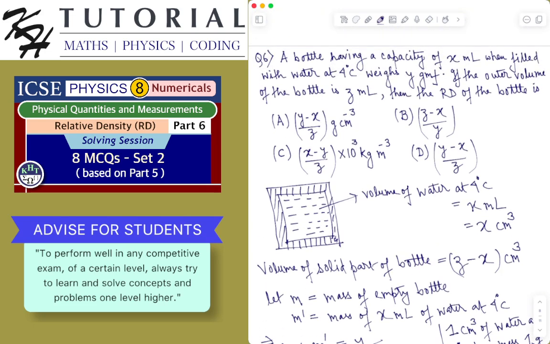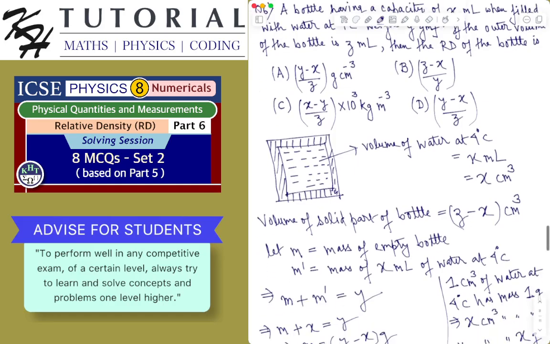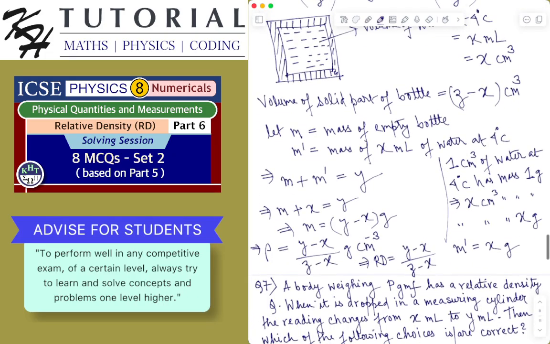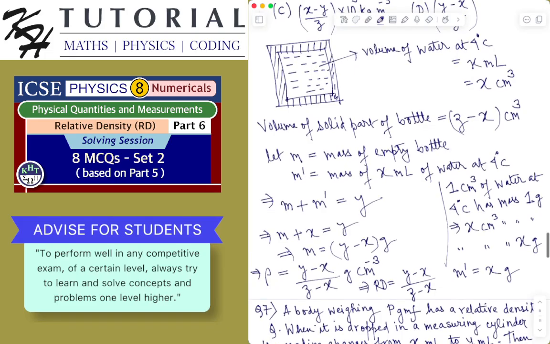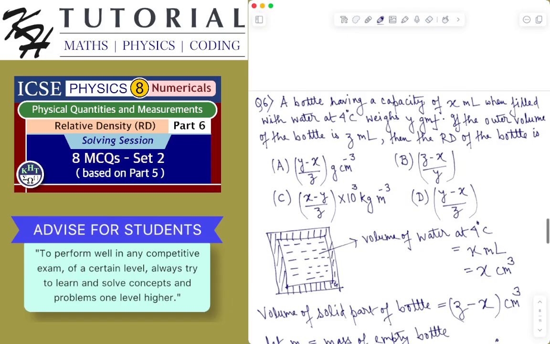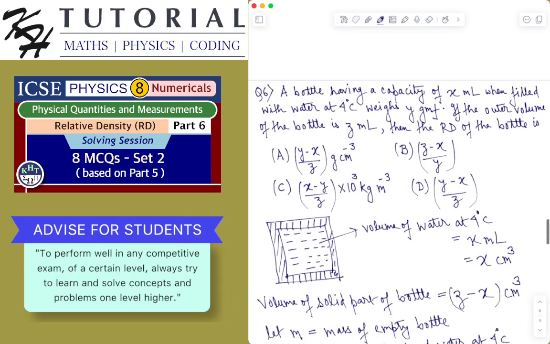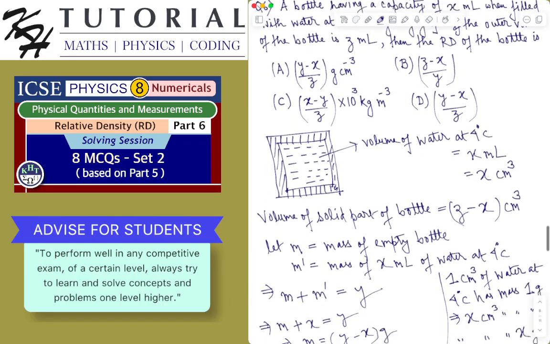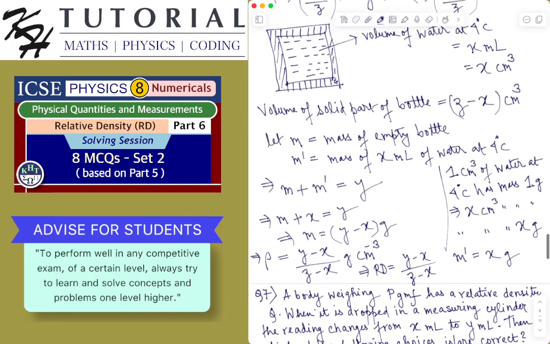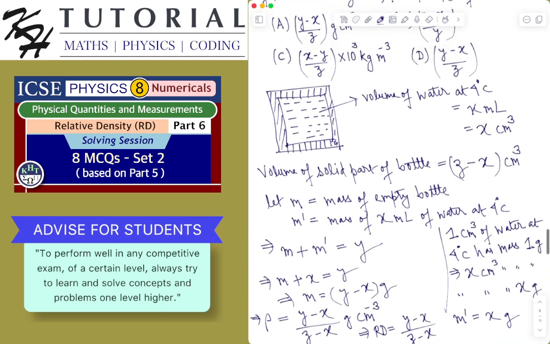If the outer volume of the bottle is z ml, I see no choices as y minus x divided by z minus x. In the choices, it is divided by only z. There is no z minus x. Let me see if I have made any mistake or not. What will be the volume of the solid part of the bottle?